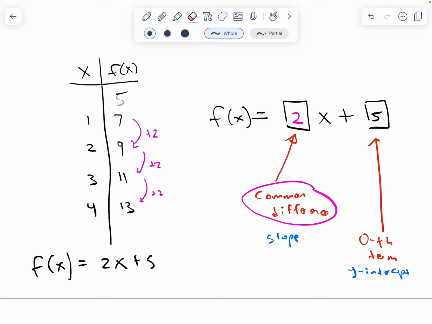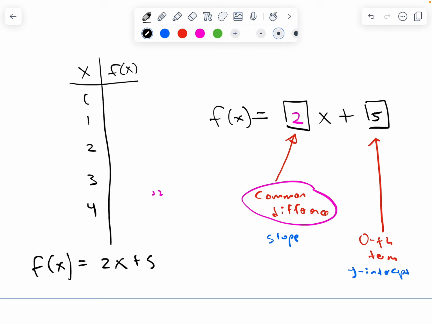Let's go back and let me just erase all of these. Okay, so let's go back. Actually, let's put in the 0th term. The 0th term is 5. Now, instead of writing 7, I'm going to write 2 plus 5. And then I'm going to write 2 plus 2 plus 5.